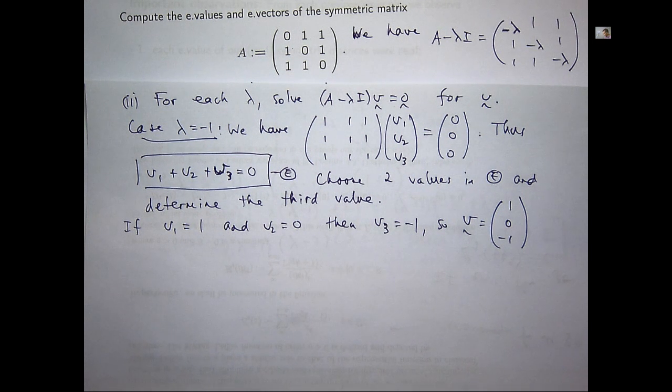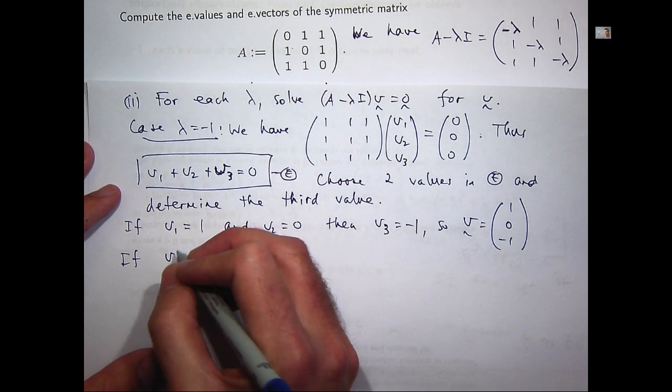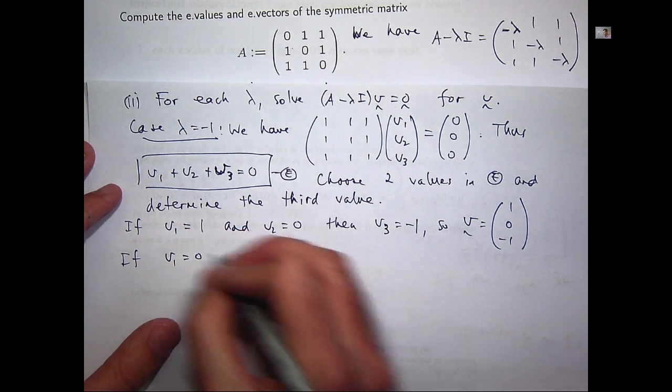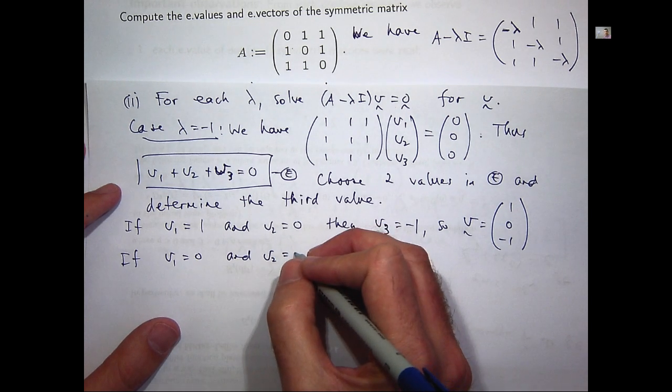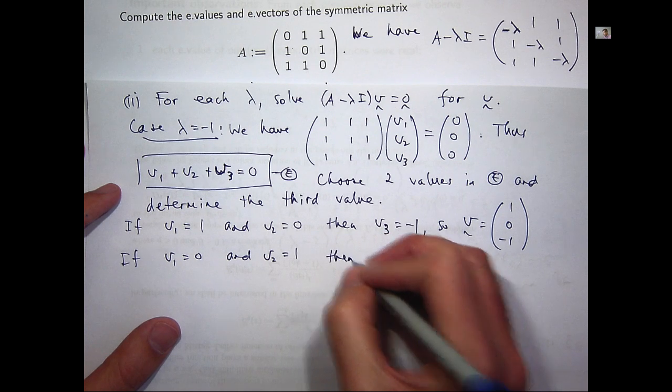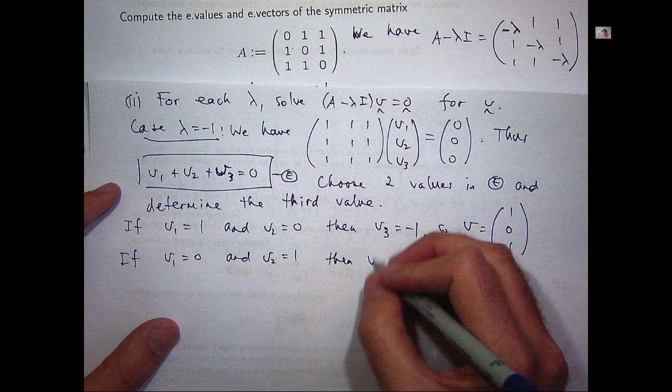But I can make another choice, say V1 equals 0 and V2 equals 1. Well, in that case, if I put those in here, V3 is going to be -1 again.